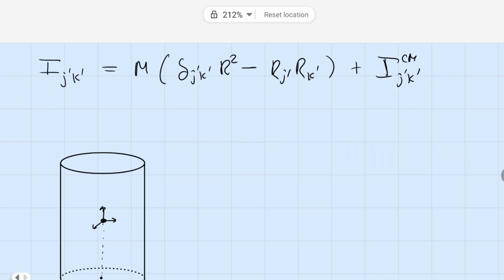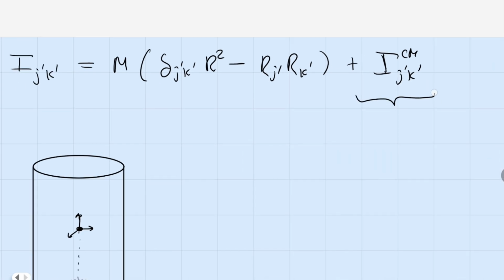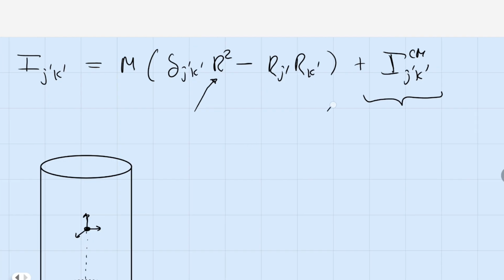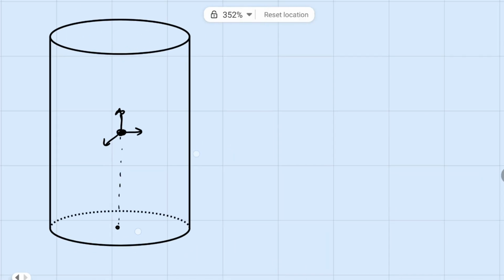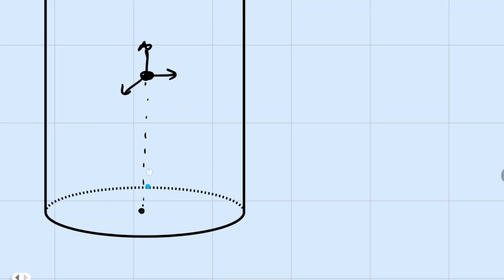The thing here is that if we know this inertia tensor and we know the vector r that points from the new coordinate system to the old coordinate system, we can find the new inertia tensor that corresponds to that new coordinate system. Let me show you on a figure. Let's say that we put the coordinate system here, and we are interested in finding the new inertia tensor that corresponds to this coordinate system.